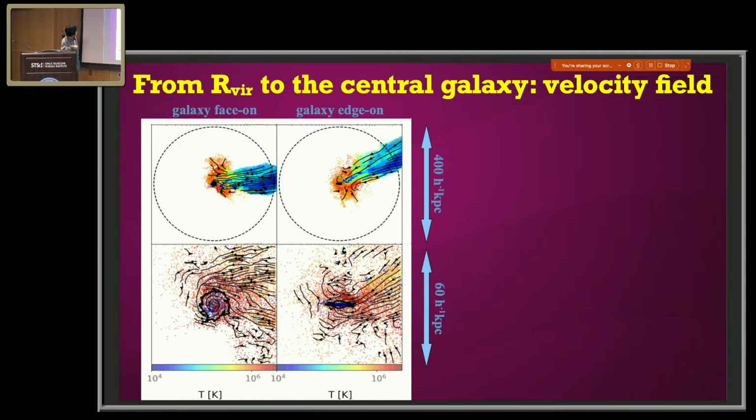And if you zoom in, you have the galaxy scale, colored with temperature, and the velocity direction is shown as these arrows. So you can see, when the gas flows from outside the Weyl radius to the central galaxy, how the velocity field changes. It becomes more chaotic near the galaxies.